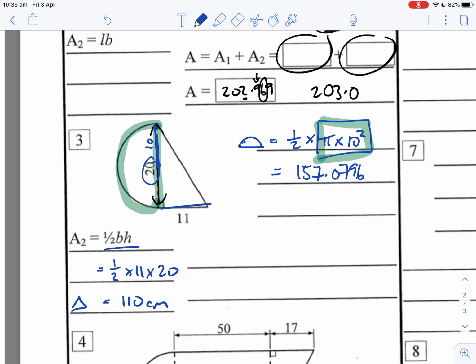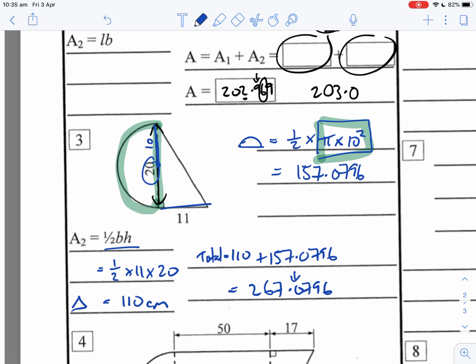So if I then add those two numbers together, so I've got my 110, so my total 110 plus my 157, with all my decimals so far, is going to give me a total answer of 267.0796 and so on. Now they wanted us to take our answer to 1 decimal place.